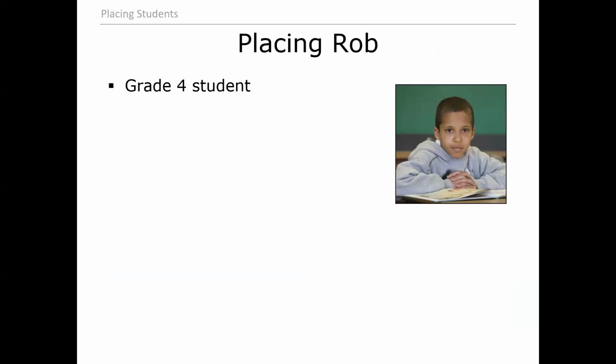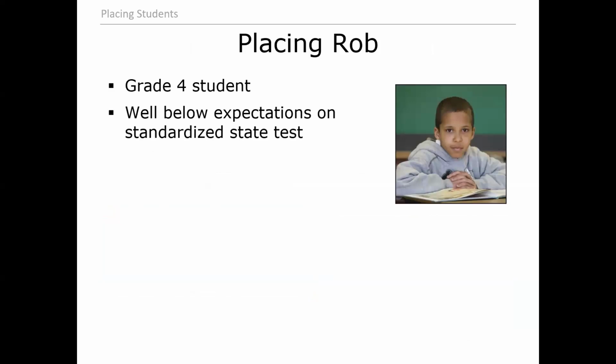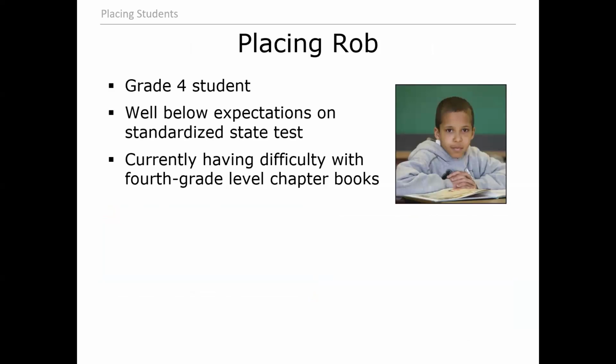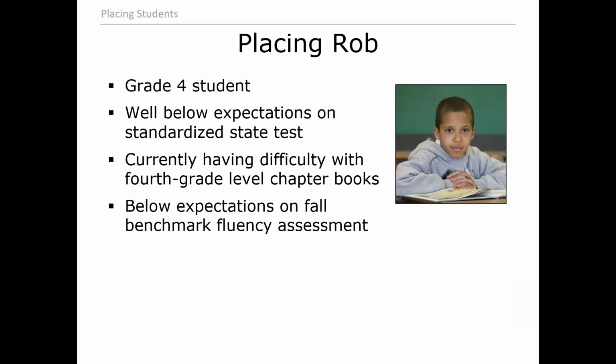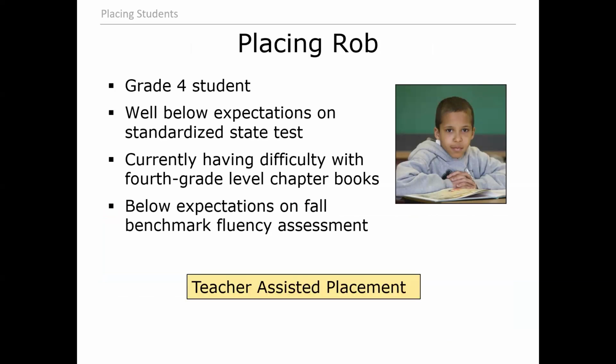Okay, so Rob is a fourth grader. He's well below expectations on standardized tests. His teacher says that fourth grade novels are a little hard for him. He's below expectations on fall benchmark fluency assessments. I'm going to do teacher conducted placement or teacher assisted placement with him.